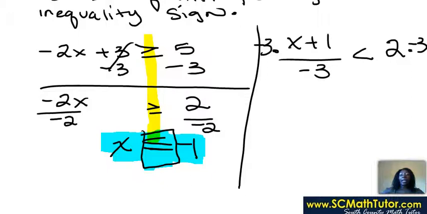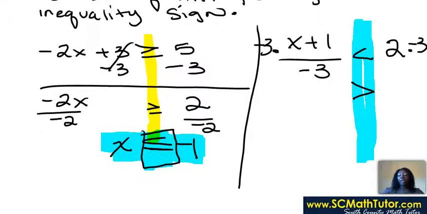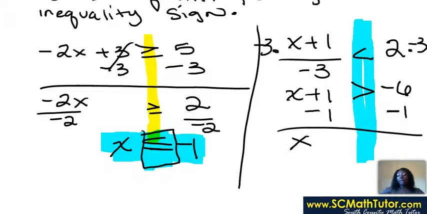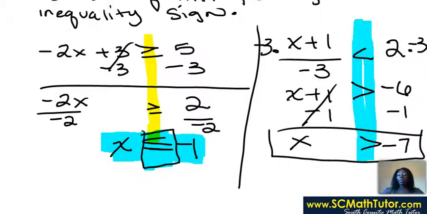Because I multiplied by negative 3 on both sides of the inequality, this automatically changes. So we have negative 6 here, and we have x plus 1. And then subtract 1 on both sides. So now you get x is greater than negative 7. That is how they differ in solving them.